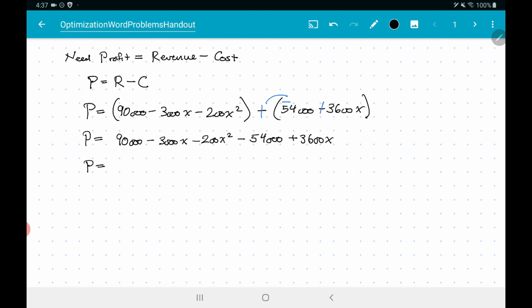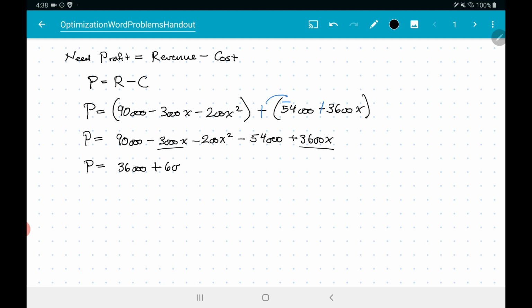Now let's combine like terms. There are two degree zero terms. 90,000 minus 54,000, that leaves 36,000. There are two degree 1 terms, minus 3,000x plus 3,600x.